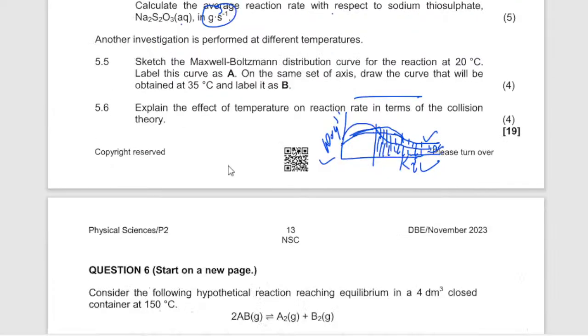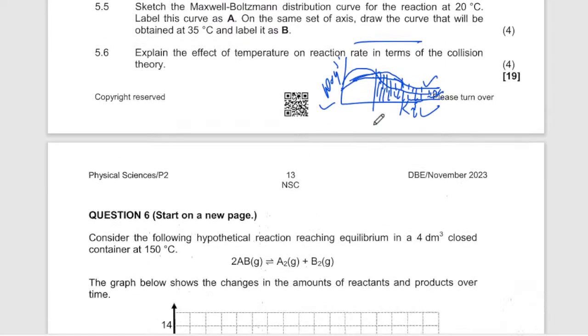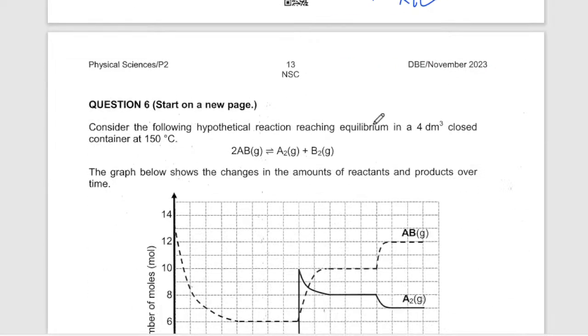Then they are saying explain the effect of temperature on the reaction rate in terms of collision theory. Increase in temperature increases the number of particles with sufficient energy. So you will have more effective collisions per unit time, resulting in an increase in the rate of reaction.